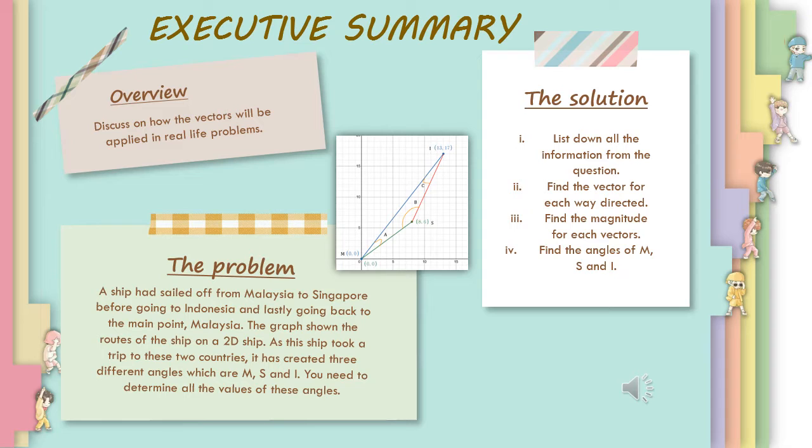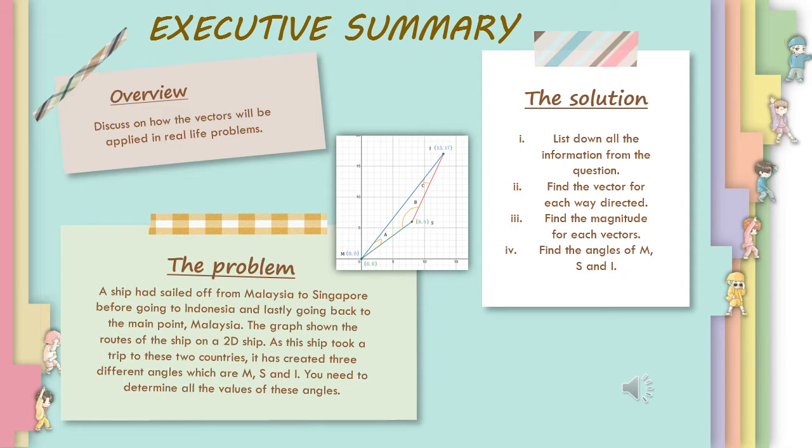Executive summary. Our overview of the study is to discuss how vectors will be applied in real-life problems. The problem: a ship sailed off from Malaysia to Singapore before going to Indonesia and lastly going back to the main point, Malaysia. The graph shows the routes of the ship on a 2D sketch.